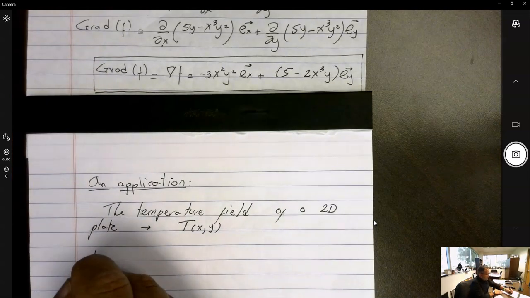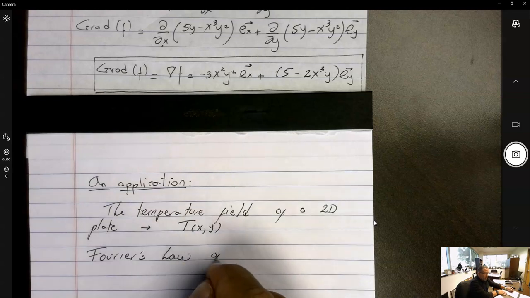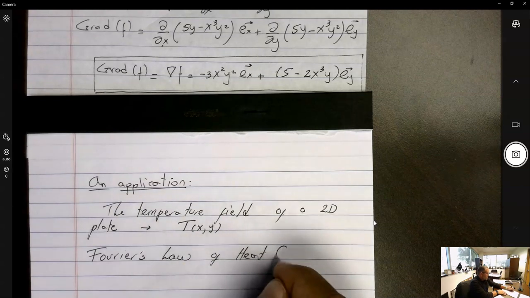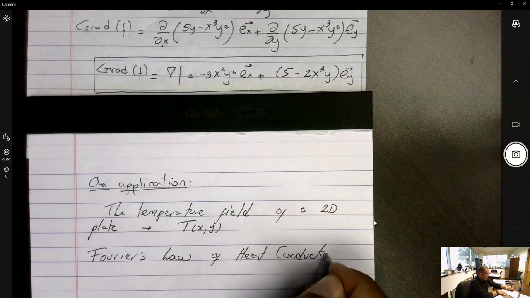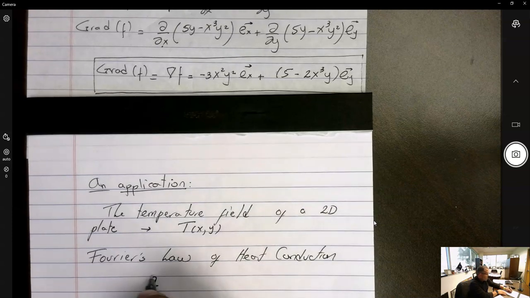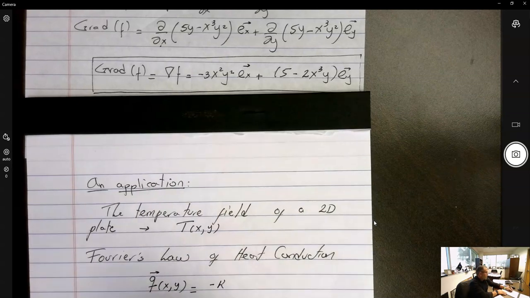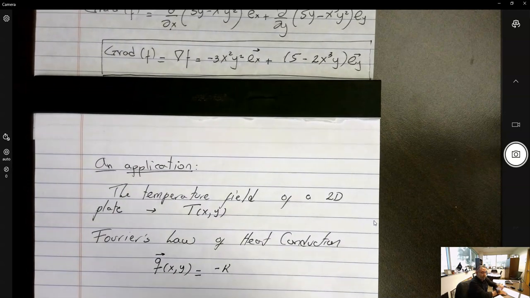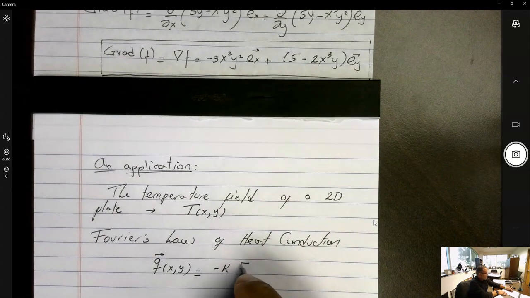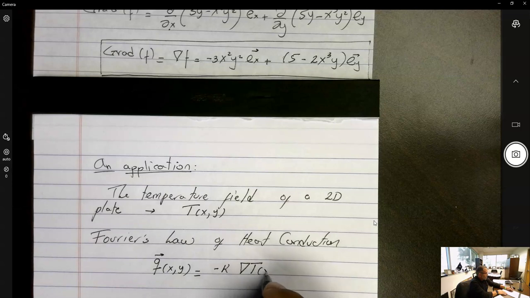So then this French mathematician called Fourier, same guy as the Fourier transform and so forth, Fourier's law of heat conduction states that the heat flux is equal to a constant of proportionality, which is called K, times the gradient of T of x and y.